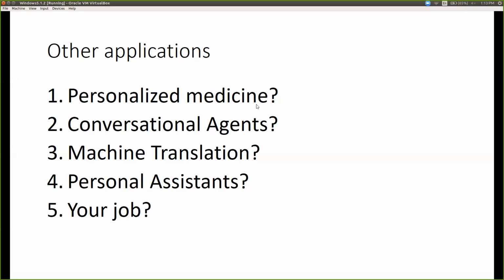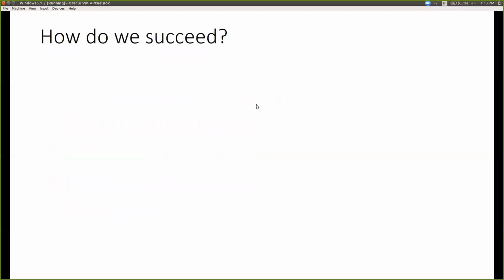The focus of this class is, what are these machine learning systems going to look like in the future? And I want to try to get at that as best as possible in the present. So the question is, how do you actually succeed in thinking about what these things look like?